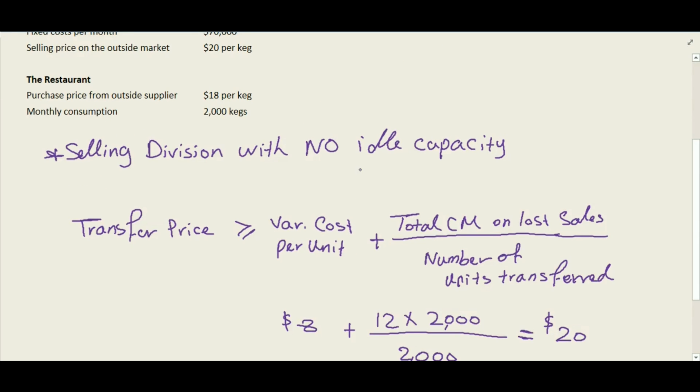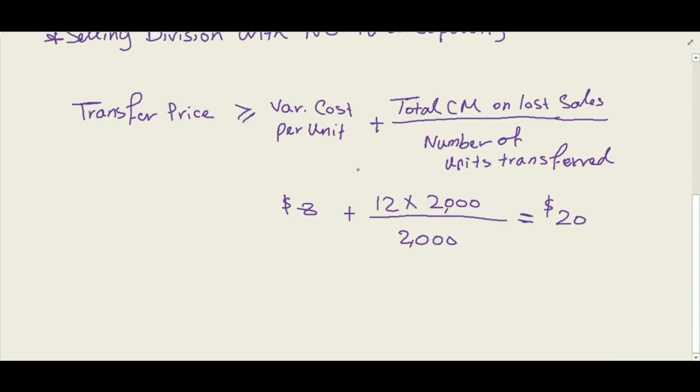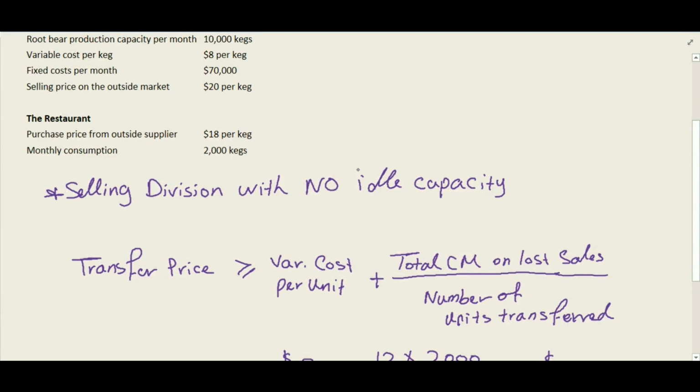And from the purchaser's perspective, the restaurant's perspective, it is anything equal to the outside market price or less. So if they can purchase it from the factory for $18 or less, they will take the action and purchase it from the factory. If not, they won't.